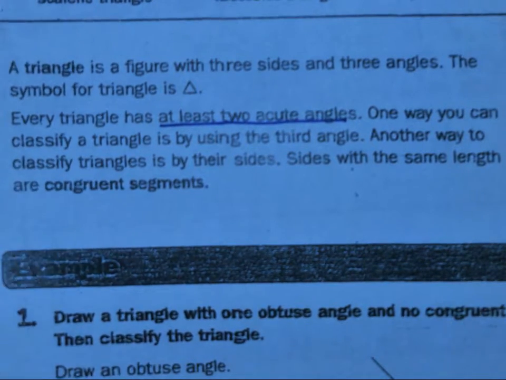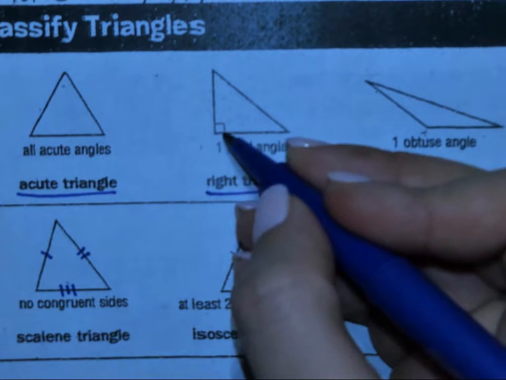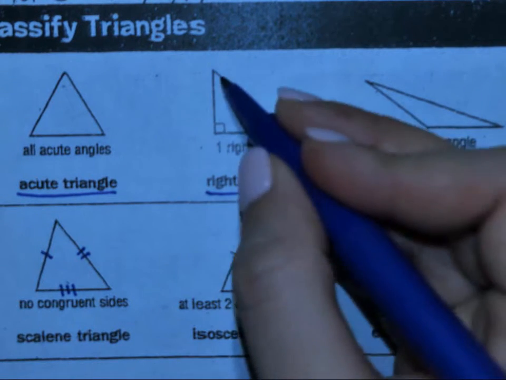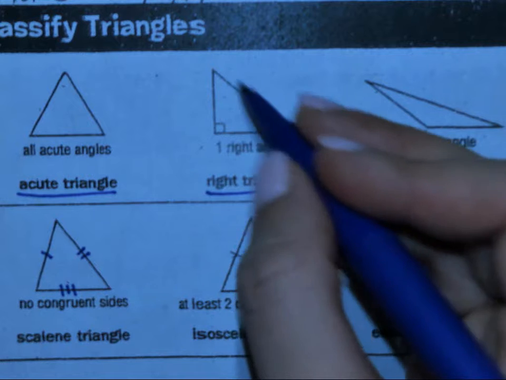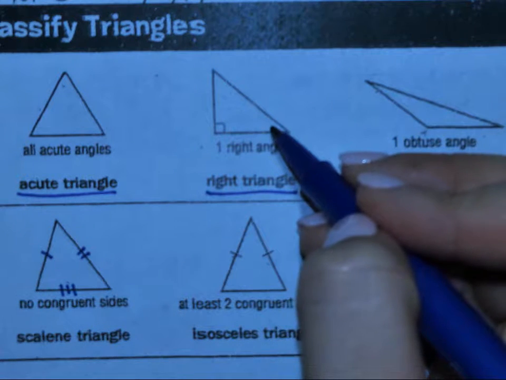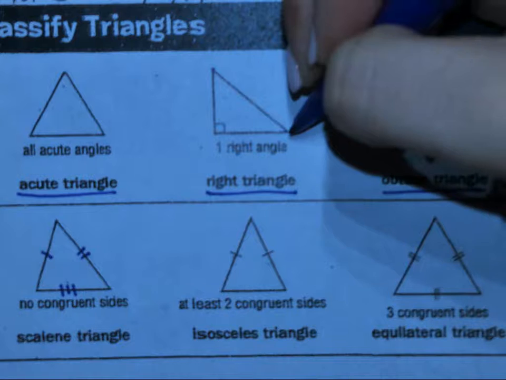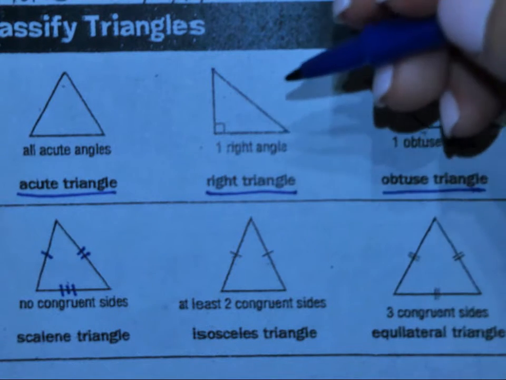So up here where I had a right triangle and an obtuse triangle, I had one right angle. So what type of angles are these 2 other ones? Are they 90 degrees? Are these 2 angles right here acute, right, straight, or obtuse?